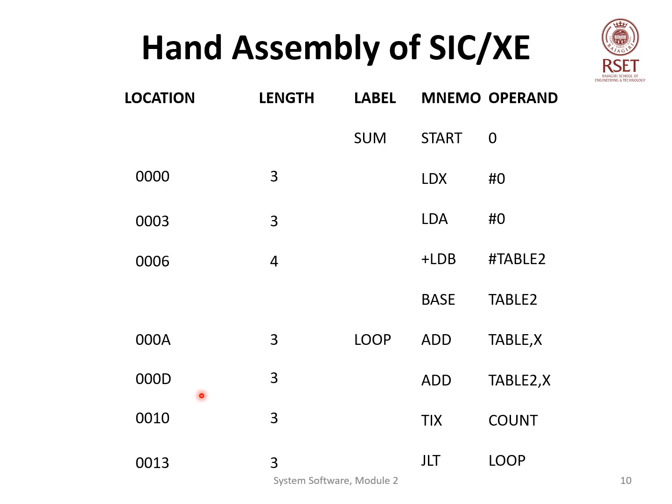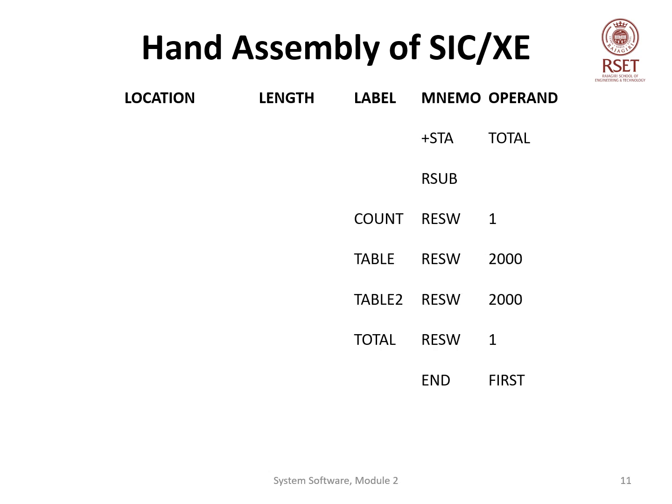The next instruction is JLT LOOP. It has a length 3. So what should be the next location counter? It should be 13 plus 3. From the previous slide, the next location counter value is 0016, that is 0013 plus 3. The current instruction to be processed is +STA TOTAL.